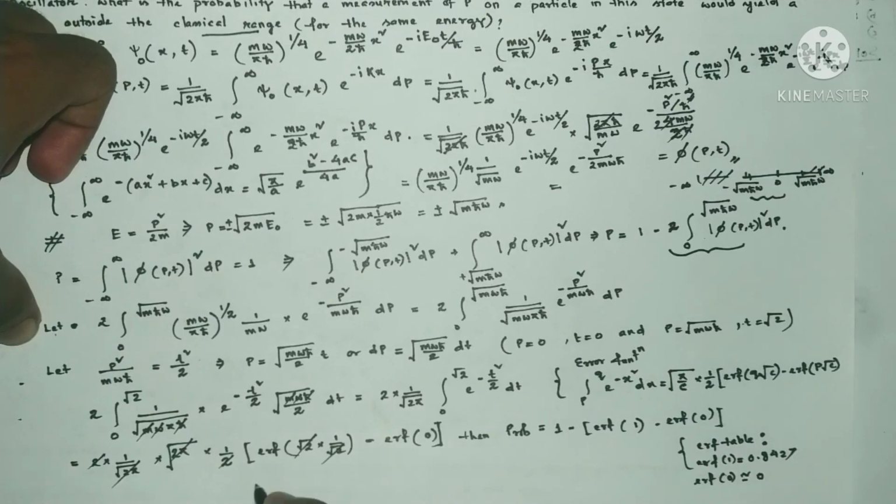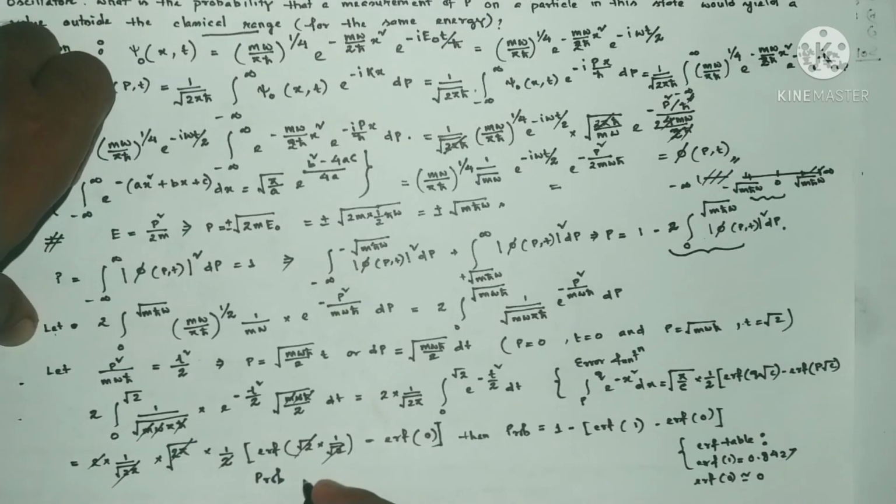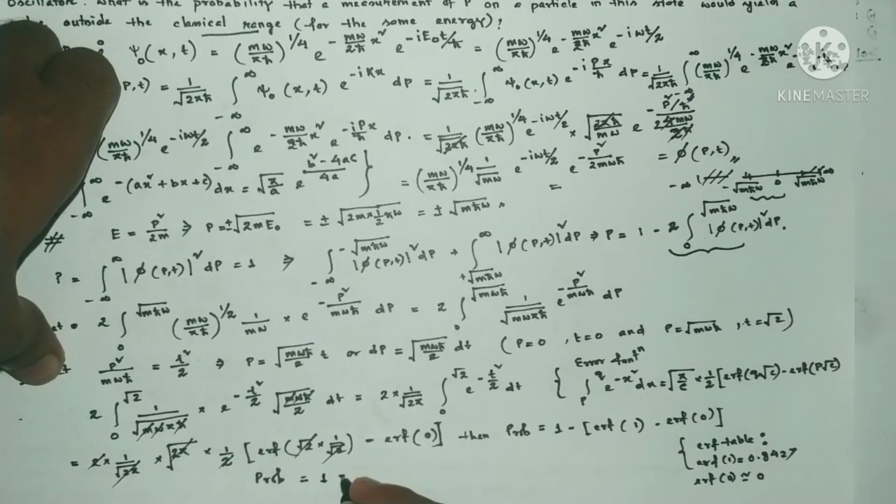So we'll substitute. So probability that a measurement of P on a particle in this ground state would yield a value outside the classical region is 1 minus error function of 1 is 0.8427 plus 0.